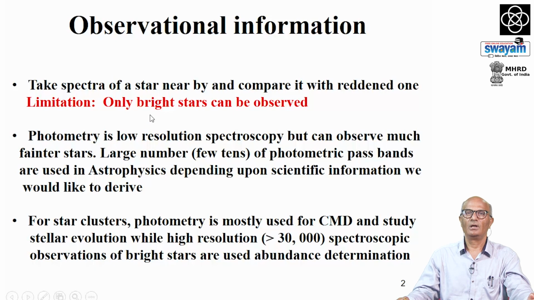It means instead of taking spectra, we measure photons in certain bands, and that is why we reduce the spectroscopic resolution, but the advantage is that we can observe much fainter objects. In fact, more than a few tens of photometric pass bands are used in astrophysics depending upon the scientific information we would like to derive.